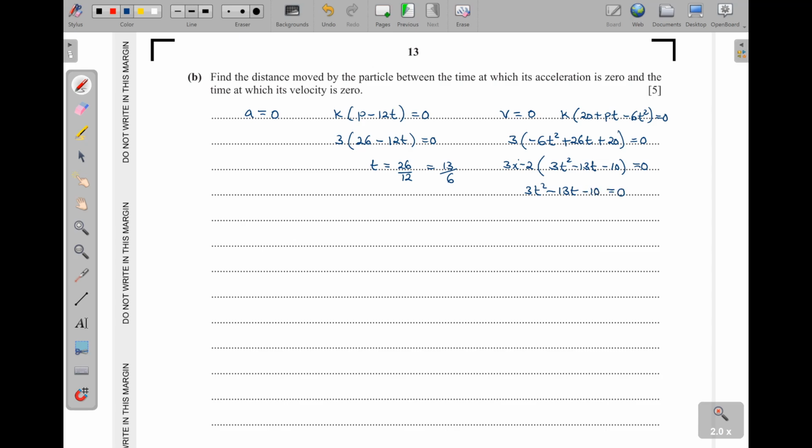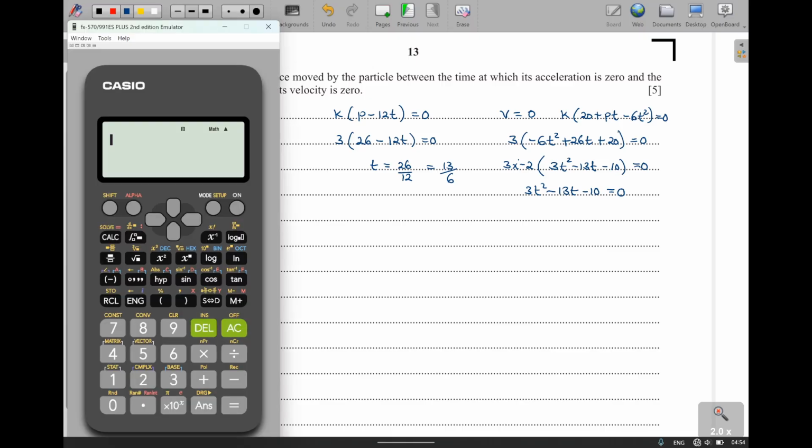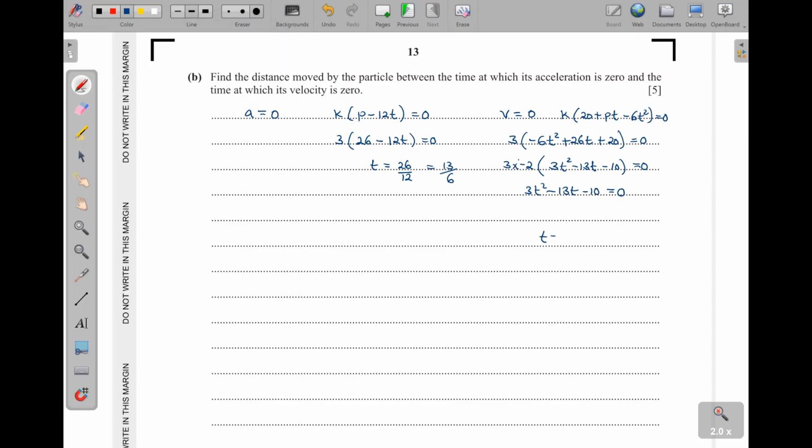Then we can solve it using the calculator right away. Go to mode, equation is 5, then 3, then negative 13, and then negative 10. So we get 5 and negative 2 over 3. You first skip space because you have to show the examiner that you solved the equation. So t is equal to negative 2 over 3, and also t is equal to 5.